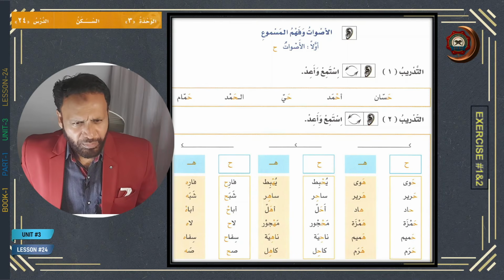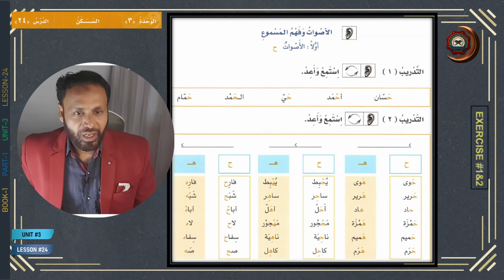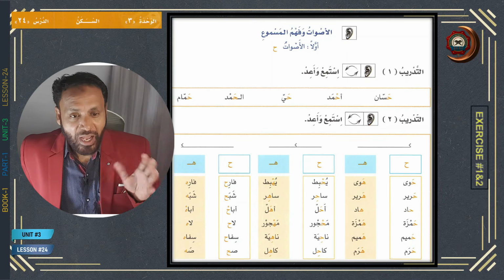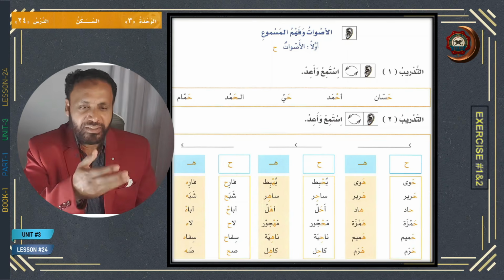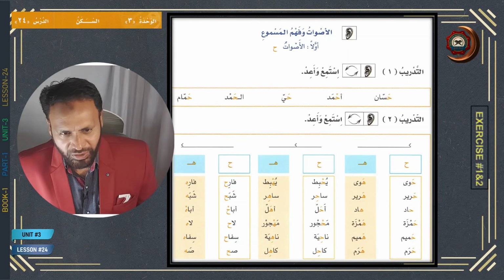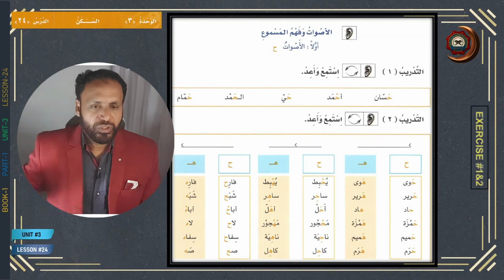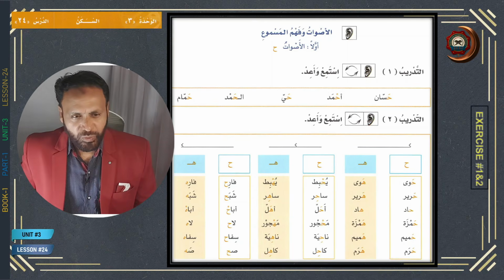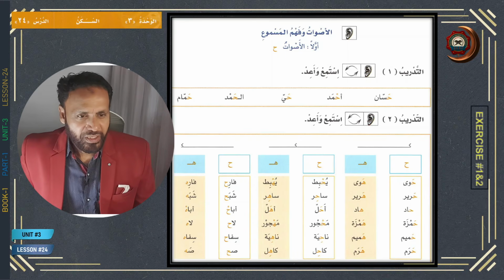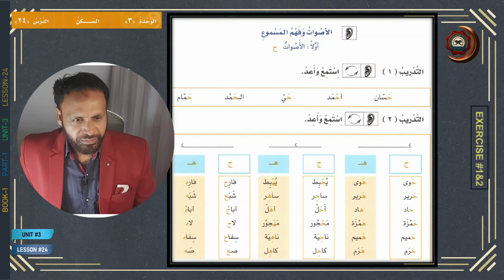Then at the bottom there are words where the Ha is differentiated from the other Ha, which they call the smaller Ha or the bigger Ha. So how do you differentiate which words have which Ha, coming between the word or at the beginning of the word? How do you pronounce this? Those are the practices.